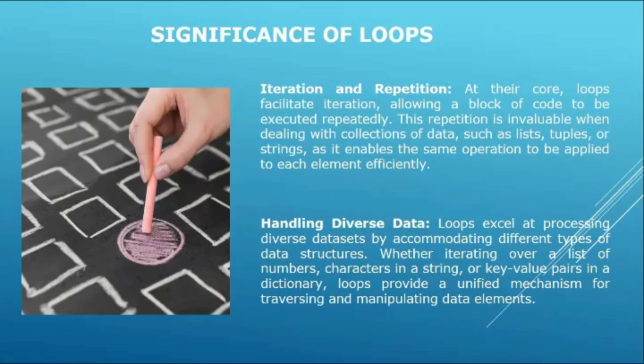This repetition is invaluable when dealing with collections of data, such as lists, tuples, or strings, as it enables the same operation to be applied to each element efficiently. So what happens when you apply the loop concept to a collection of data, such as lists?